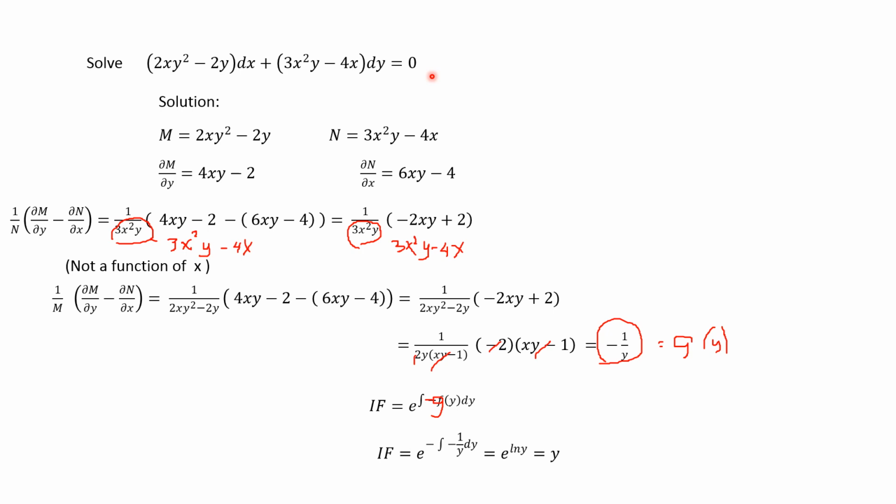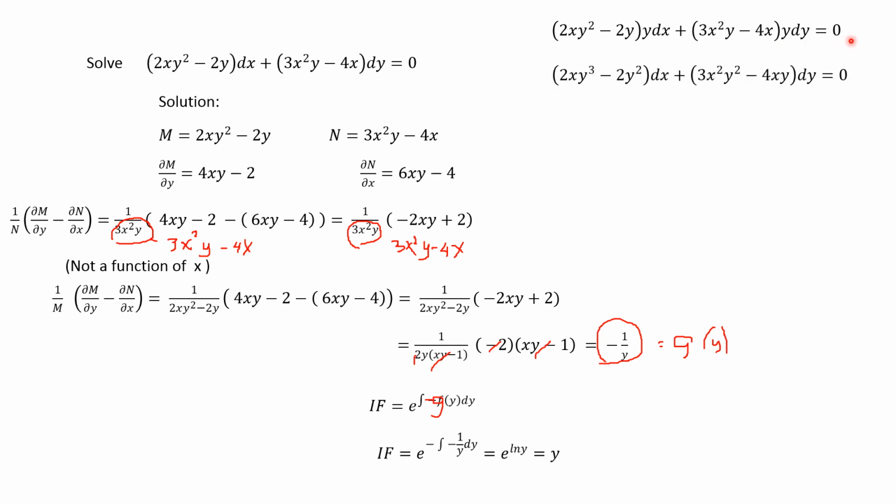So what happens is, this is the original equation, 2xy squared minus 2y, I multiply this by y already, dx plus 3x squared y minus 4x times y dy is 0.